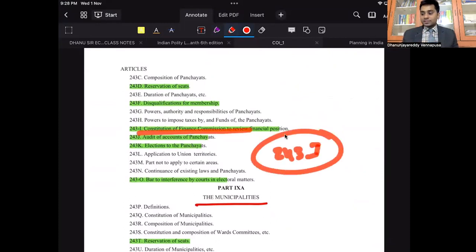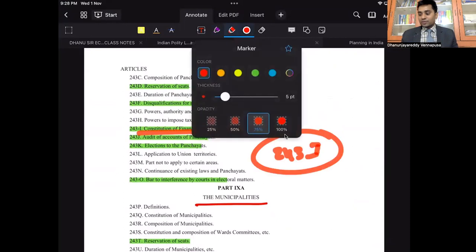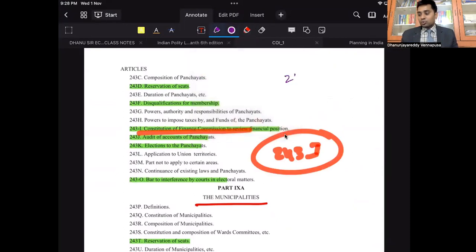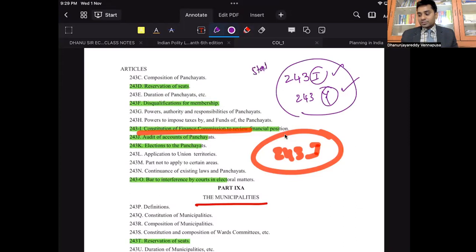So there are 3 articles in the Indian Constitution which discuss the Finance Commission. Please have a look at them. 243I, I means income, so remember money means Finance Commission. 243Y. So this is about State Finance Commissions.